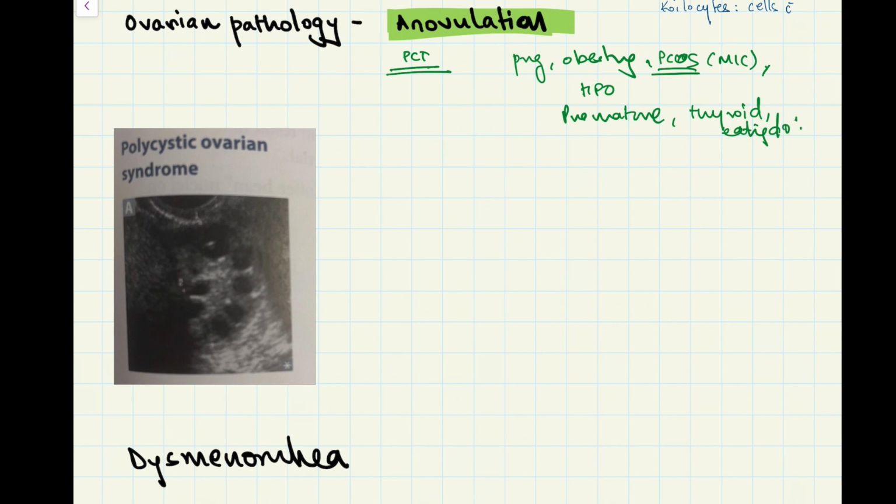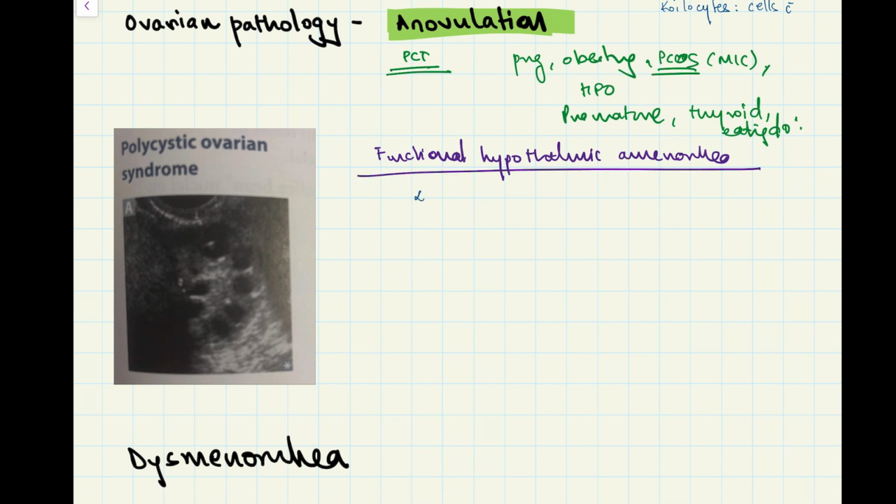So there is a condition called functional hypothalamic amenorrhea. So here what happens is that severe caloric restriction and increased energy expenditure with or without stress.